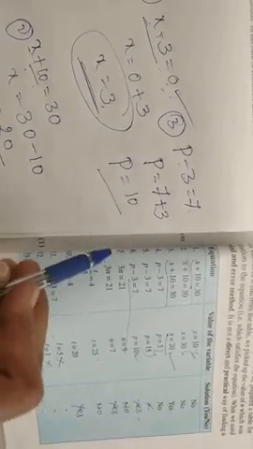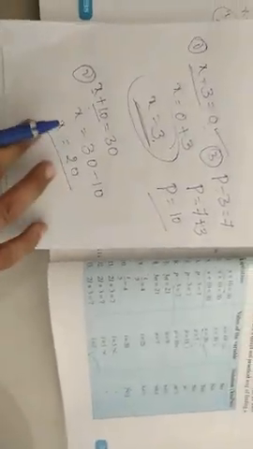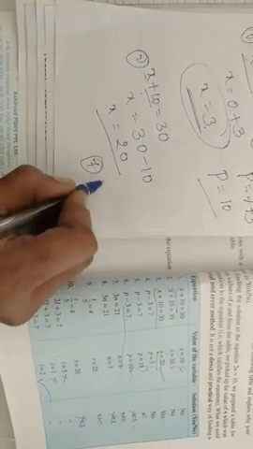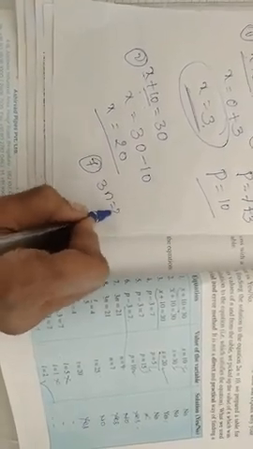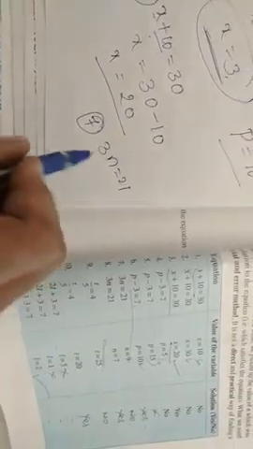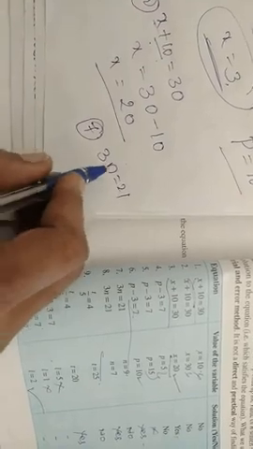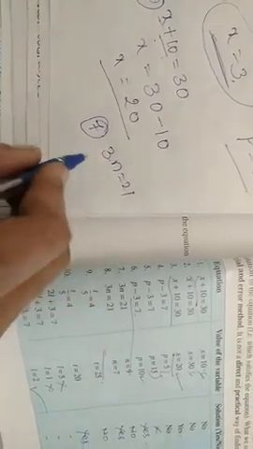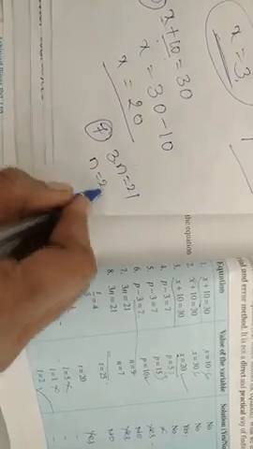Okay. Next, seventh one, see here. 3n equal to 21. Yes. They gave two values. First you have to find the n value. Here multiplication is there, it comes this side as dividing. n equal to 21 divided by 3.